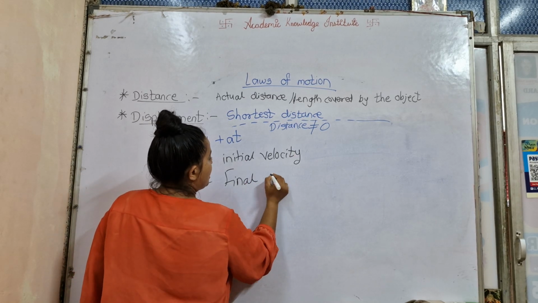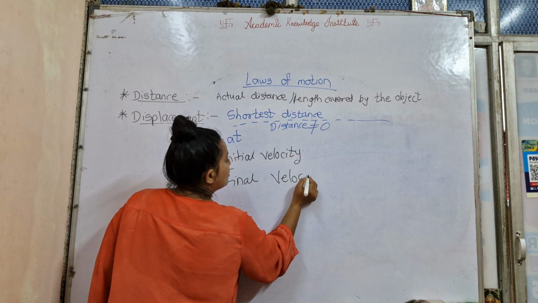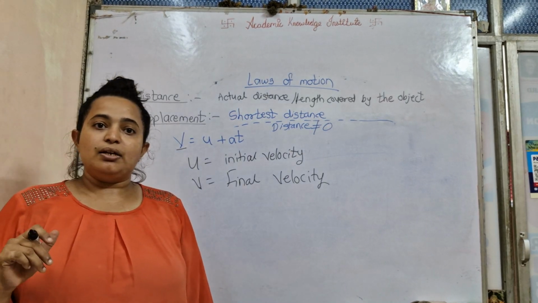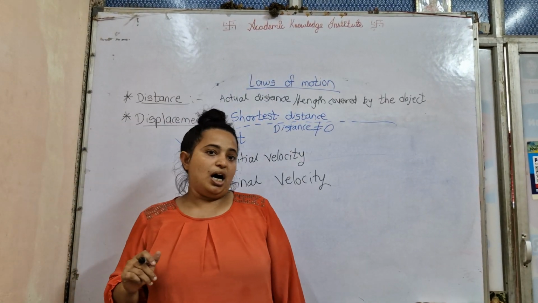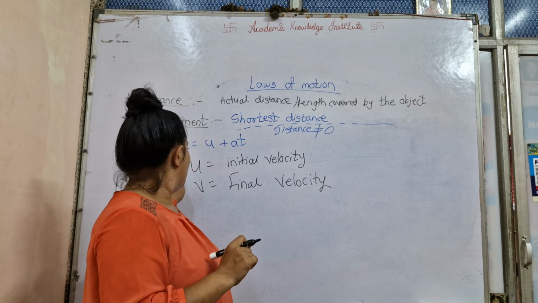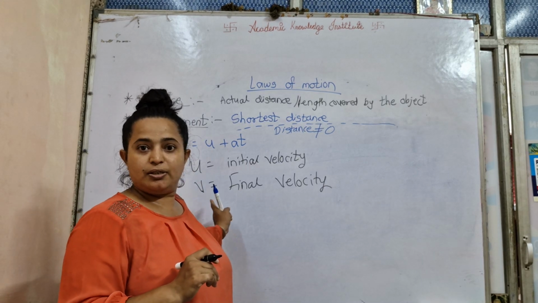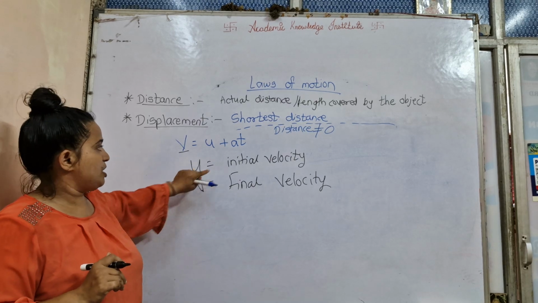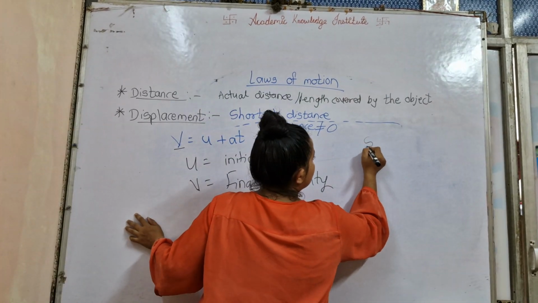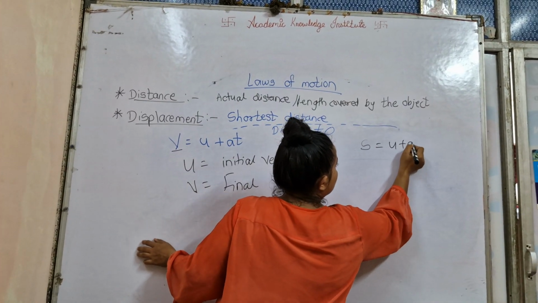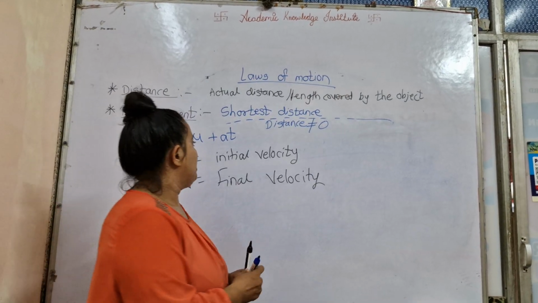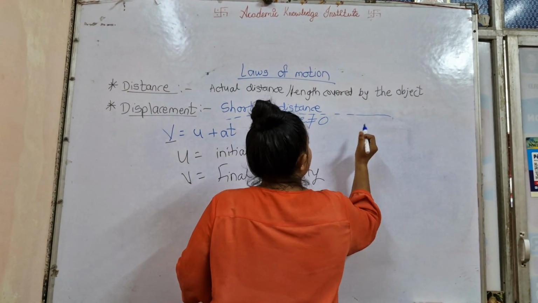Now you will ask why we say initial and final. A is the acceleration, and S is the distance.